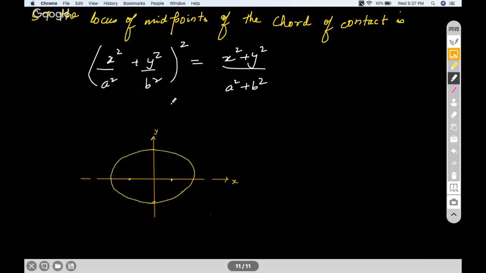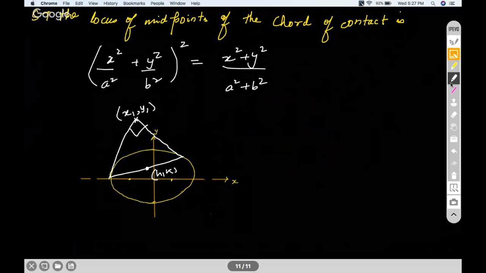So let's say this is a chord and its midpoint is h comma k. This is a chord of contact made by tangents from point x1 y1, and these tangents are at 90 degrees. Okay.